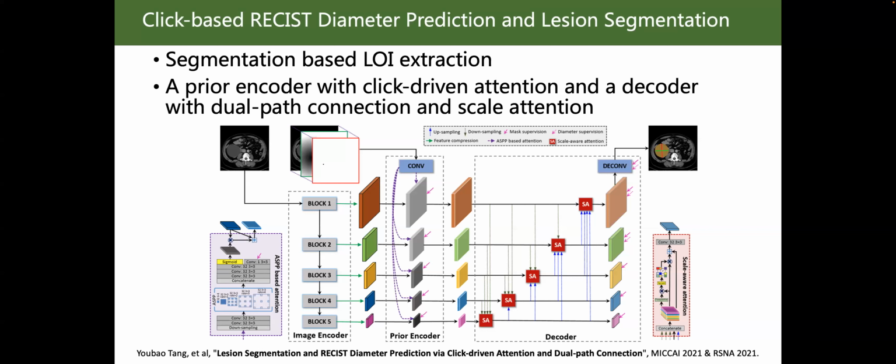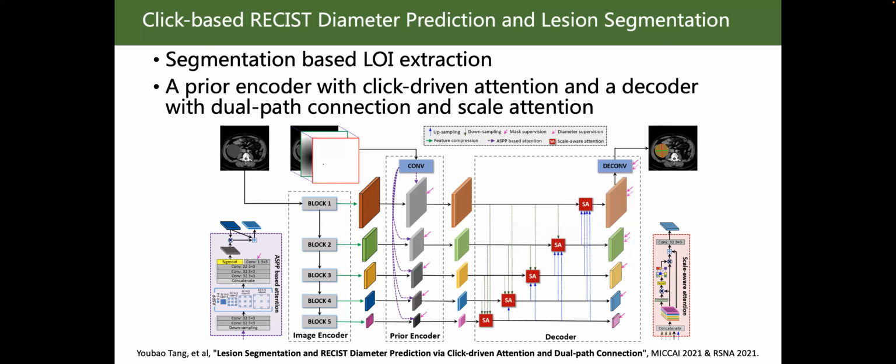Therefore, to solve those problems, a new method is proposed to extract the lesion of interest region by segmentation rather than detection, and it builds a novel prior encoder to encode the click prior information into attention maps, which can deal with considerable size and shape variations of the lesions.